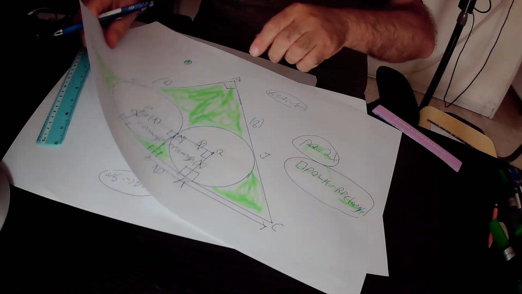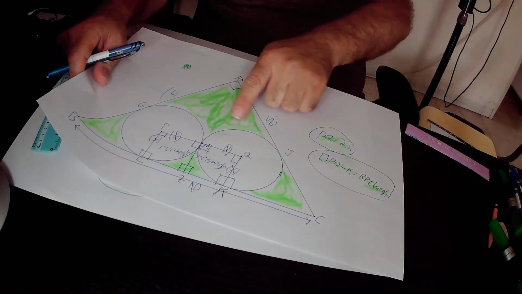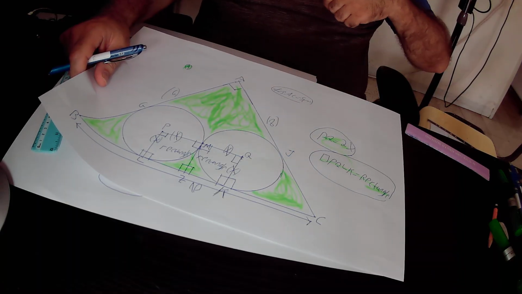Here in rectangle PQLK, the opposite sides are equal to each other.